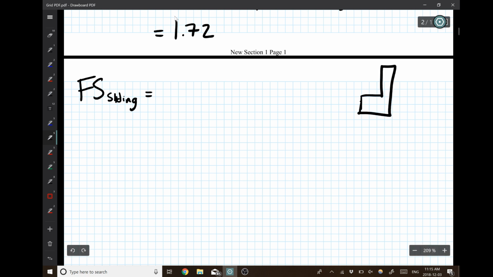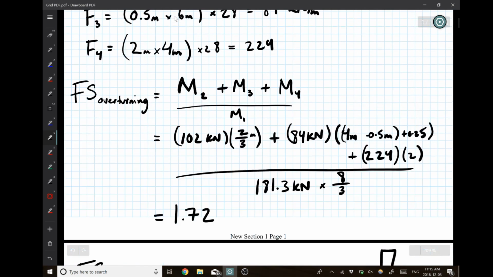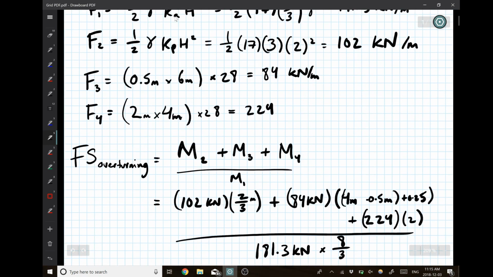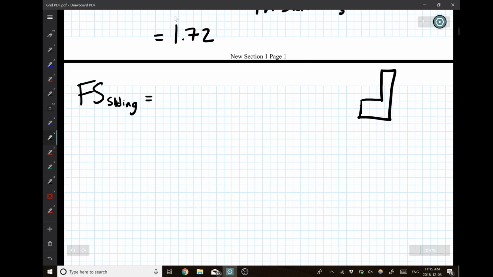If this is our retaining wall, we've got the normal forces from our force 3 and force 2, and then we've got the direct forces from our force 1 and our force 3. And we're doing it for sliding. So we're looking if it's going to be moving in either of these directions.